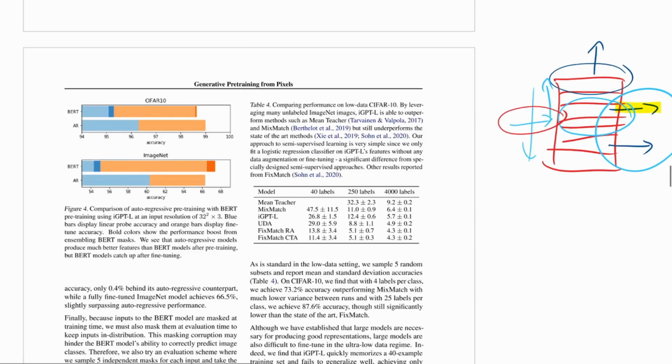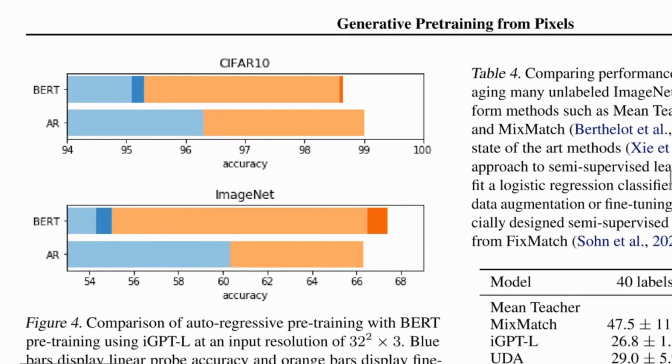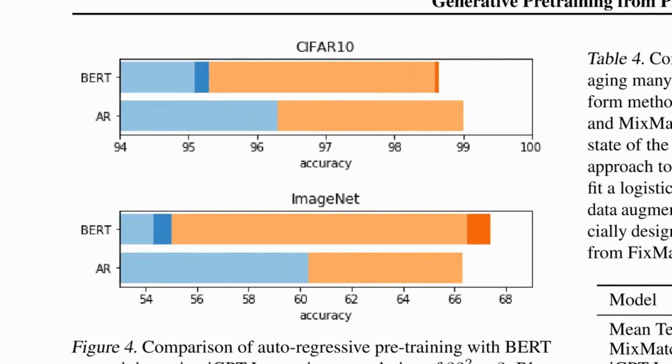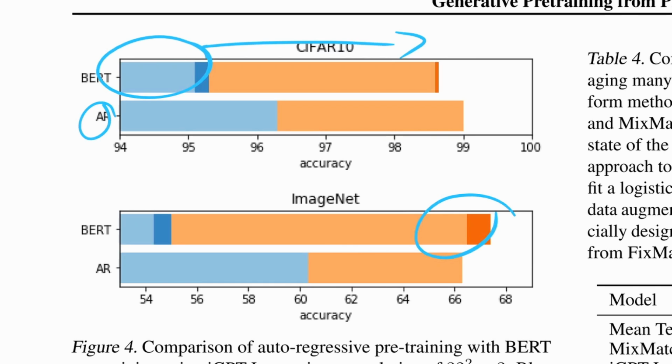I haven't seen it. And as you can see, these BERT and autoregressive objectives sort of trade off. The BERT tends to do poorly in the linear probe setting, but then it catches up during fine-tuning. In CIFAR10, it's almost at the level of the autoregressive, and in ImageNet actually outperforming it.